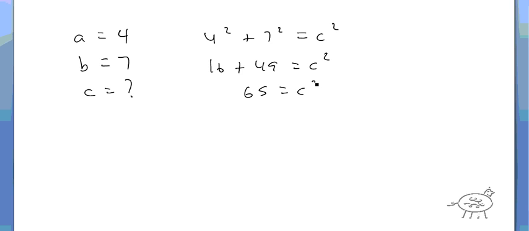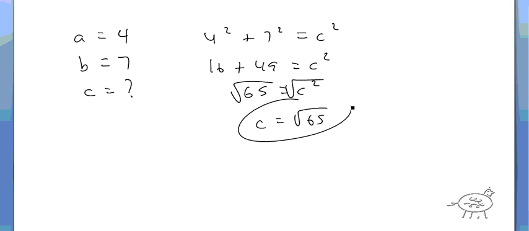I would take your calculator and see what goes into 65. Well, 9 doesn't. 49 doesn't. I know an even number doesn't, so 4 doesn't. 25 doesn't. So I can't do anything with it, so I still have to take the square root of it. So C is equal to the square root of 65. That's pretty easy.